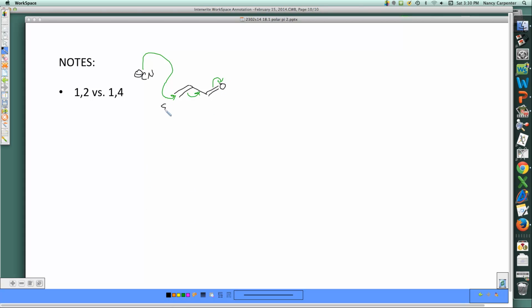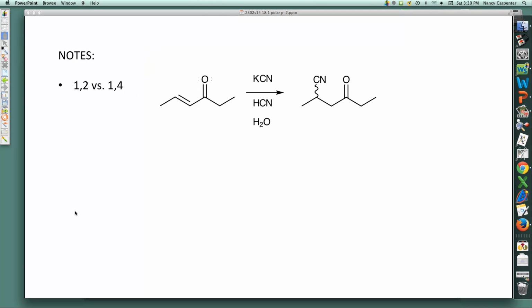Okay, so soft gives me that intermediate. The end product, of course, shows not a cyanohydrin, not addition 1,2 as we saw in the previous slide, but addition at the beta carbon and disappearance of the double bond.